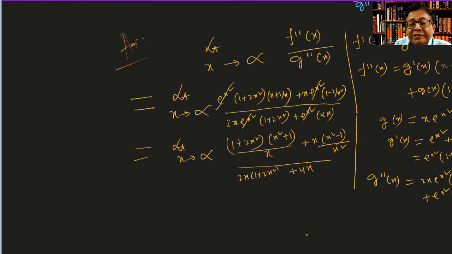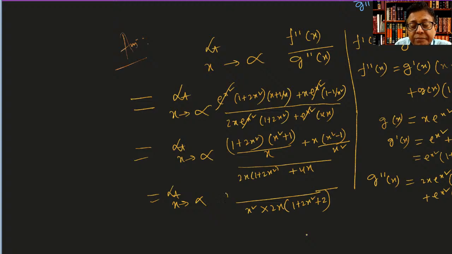So this x square on LCM will be coming in the denominator. So x square, here also you can take 2x common. And numerator plus x into x square minus 1.